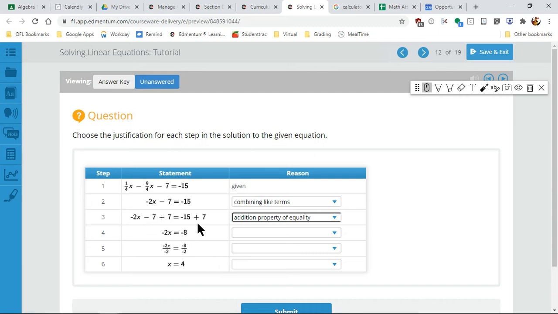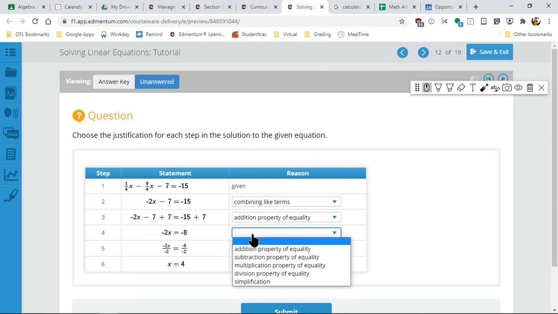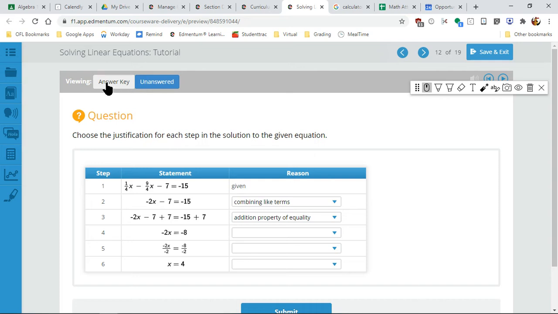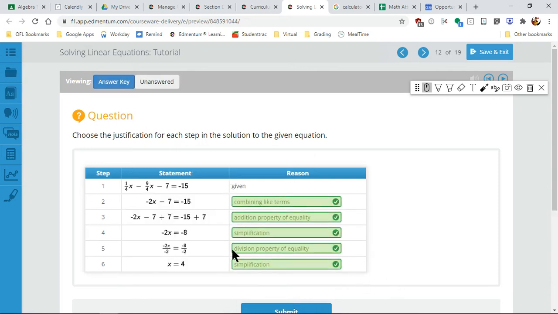And then from here, we're just going to add them together. So let's just go over the answers. They're just simplifying. So that's one step they didn't talk about. Simplifying is this idea that, again, we're going to combine like terms and simplify. In my eyes, like terms and simplification are the same thing.